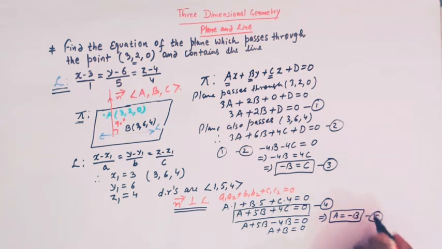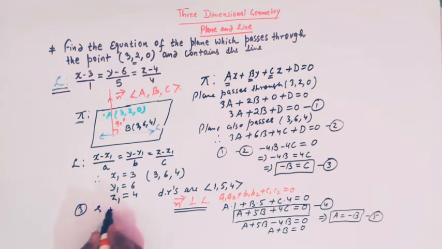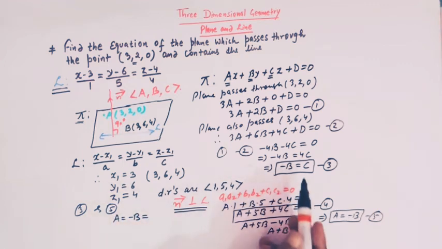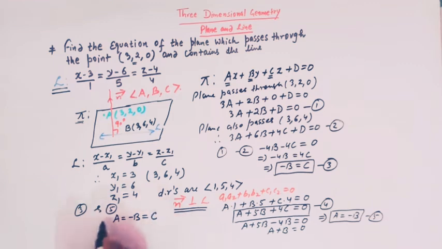Okay, so now we have equation number 3 and 5, and from 3 and 5 we see that we can combine both these equations to get A is equal to minus B is equal to C, right? So now finally we have the relation between A, B and C as this equation, right?